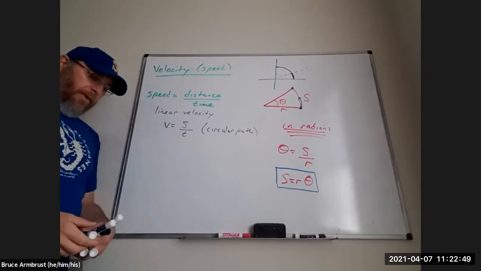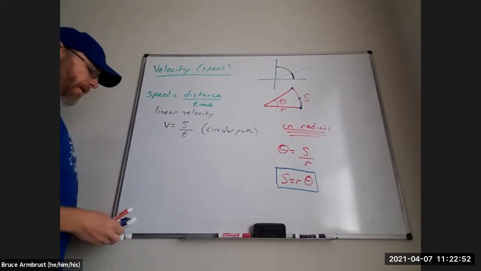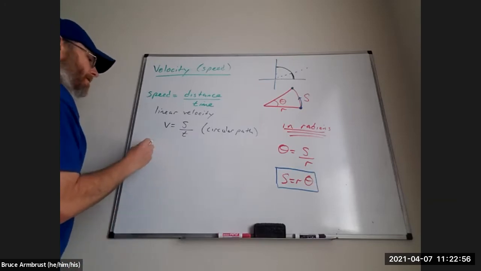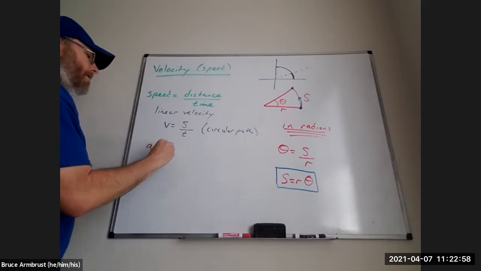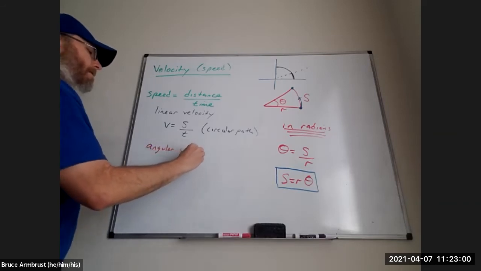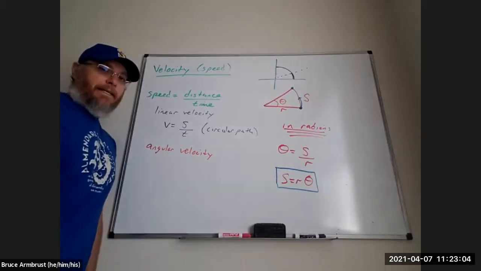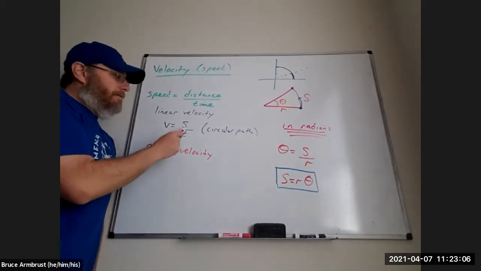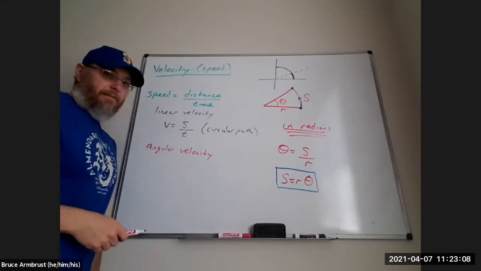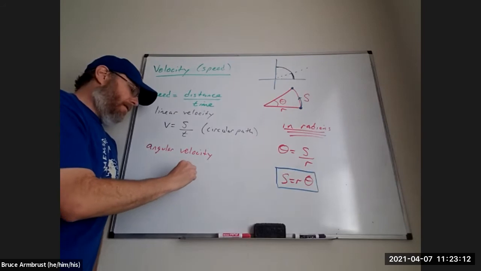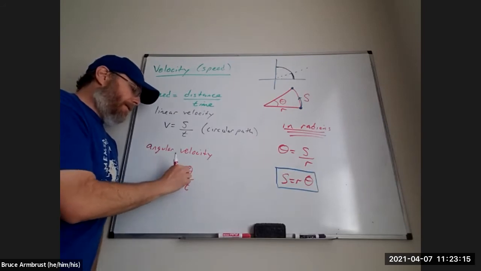Well, we also have what we call angular velocity. Angular velocity is the exact same idea, except instead of taking a distance and dividing by time, we take our angle and divide it by time.